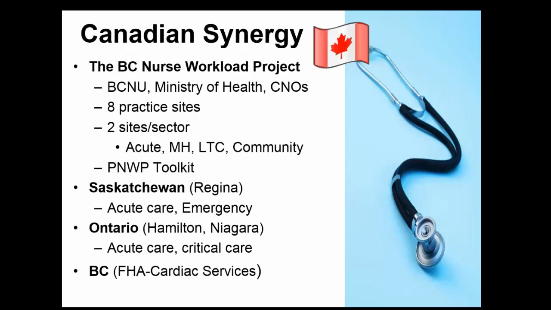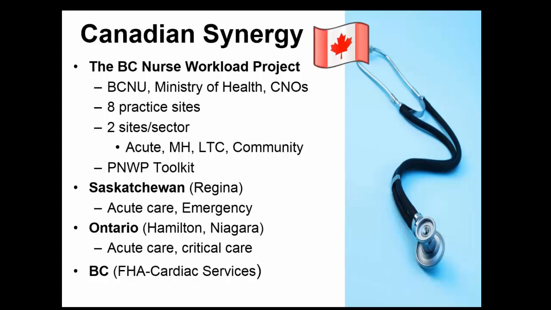So these are some examples from Canada. One of the first projects I got involved in, probably around 2006, was the BC Provincial Nursing Workload Project. That was a collaboration with the BC Nurses Union, the Ministry of Health, and then the chief nursing officers of the health authorities in BC.